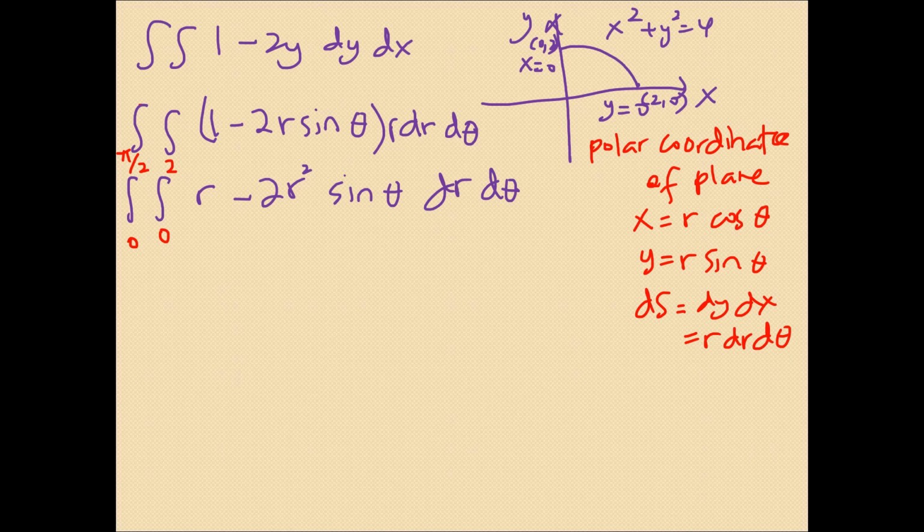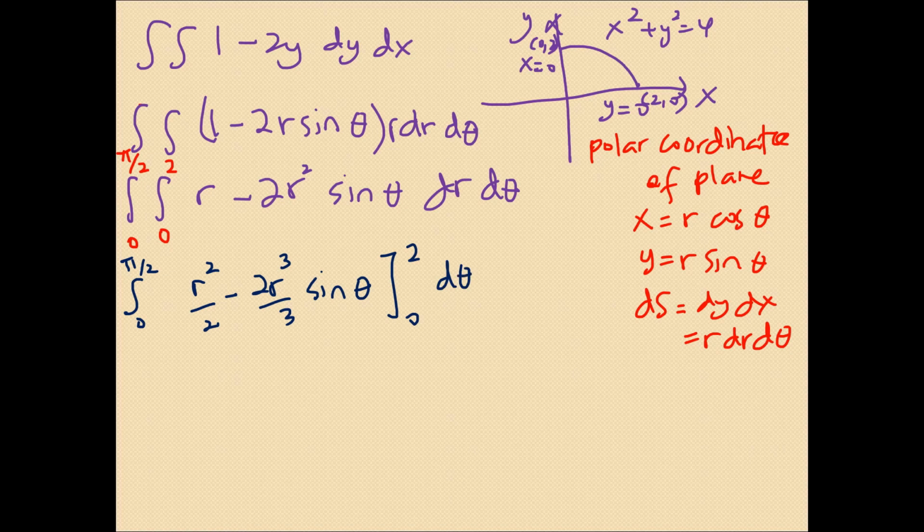Now integrate with respect to r: r squared over 2 minus 2r cubed over 3 sin theta, from 0 to 2, d theta. Substitute the limit of 2, you will get 2 minus 16 over 3 sin theta d theta.